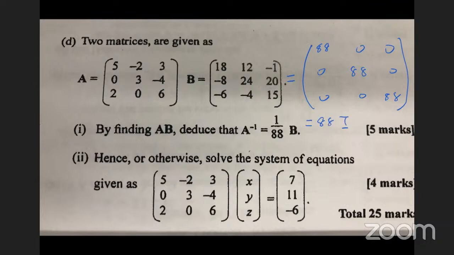So by using the rule, we know that A by A inverse is equal to I. In this case, we have A by B is equal to 88I. You have to write all of this. So that's A by 1 on 88B is equal to I. By comparing, you'll recognize that A inverse is equal to 1 on 88 by B. Okay, that's the 5 marks part.